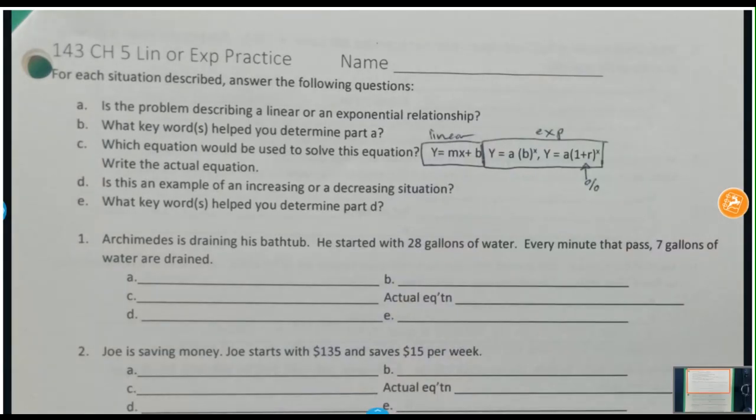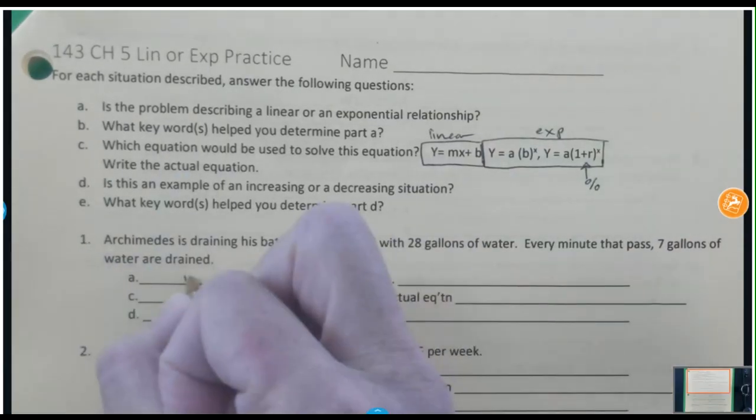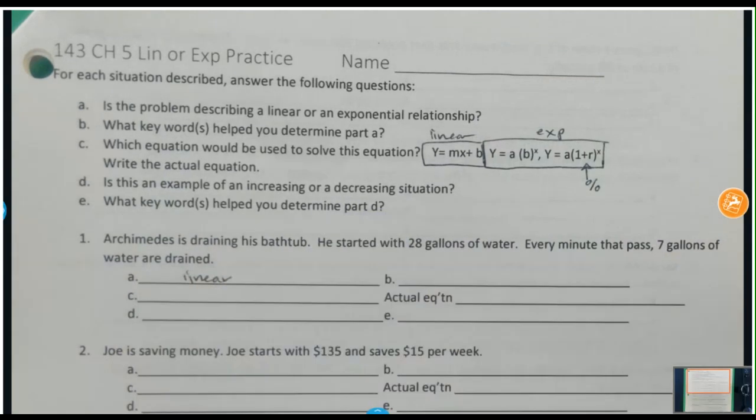All right, so is the problem linear or exponential? A, the answer to that is linear. B, what keywords helped you determine that it was linear? Now, this is a little bit harder because we actually just used the words that were not there to determine it was linear, more so than the words that were there. But are there any words that helped you decide this is probably something with a constant change?